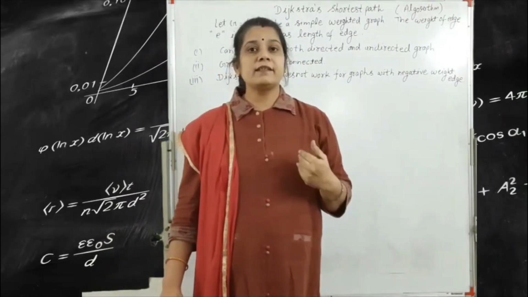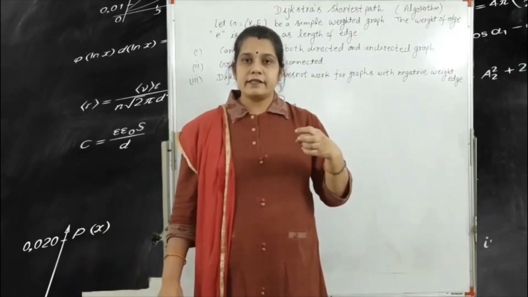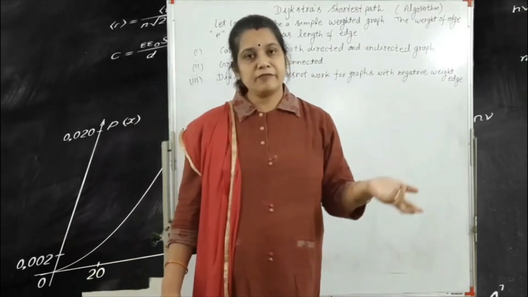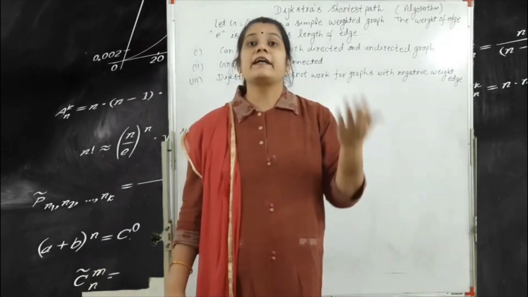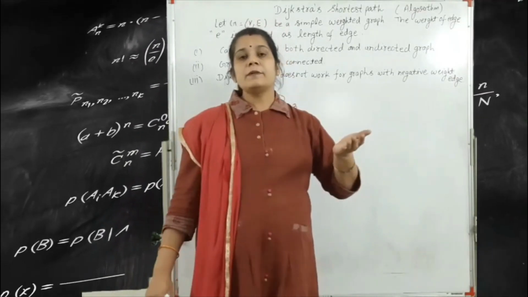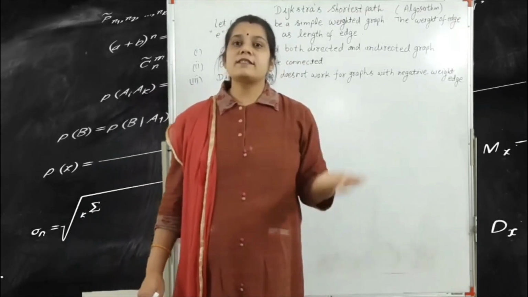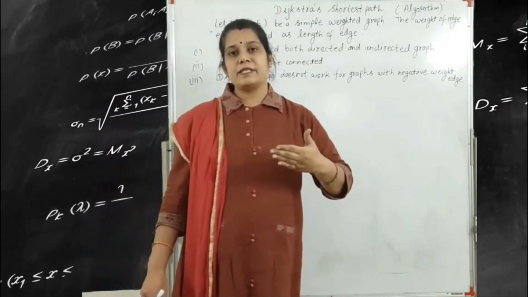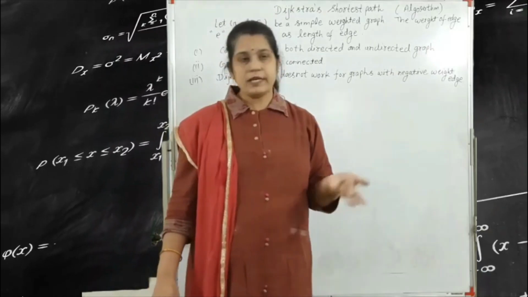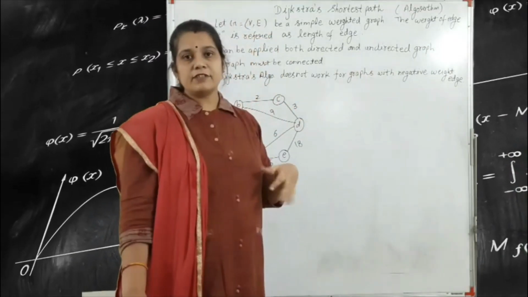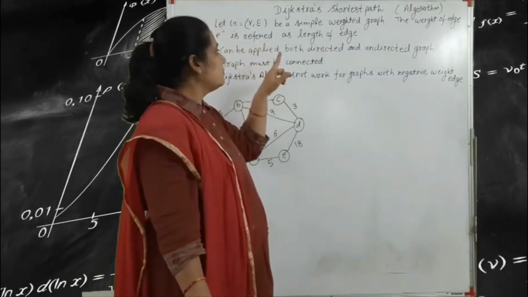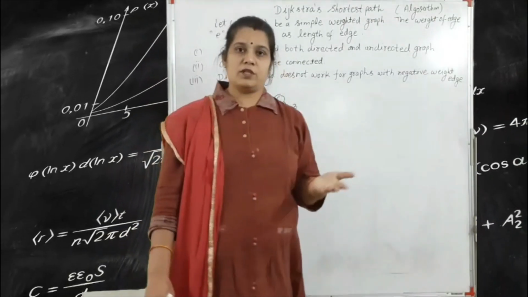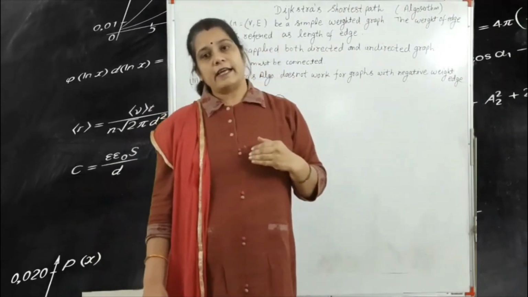What do we mean by a directed graph? A directed graph, or digraph, means the directions are given, and an undirected graph means the directions are not given. So this algorithm can be applied to both.